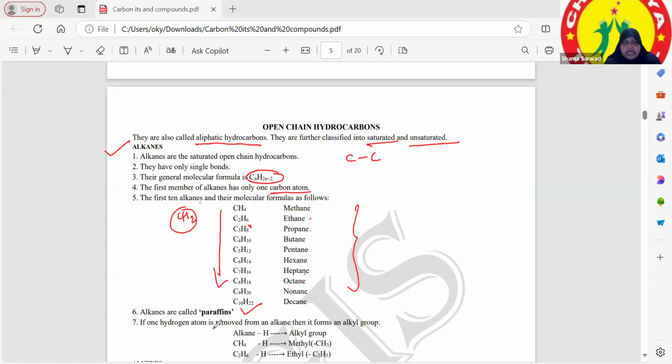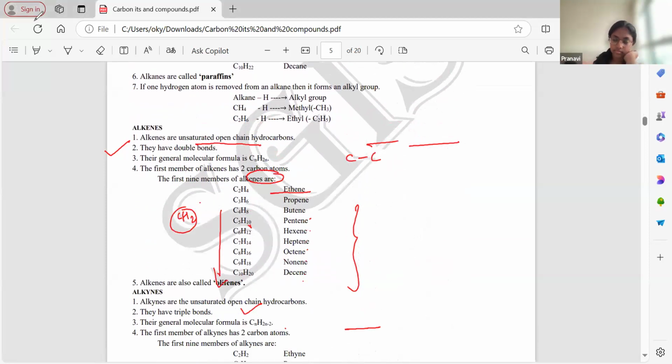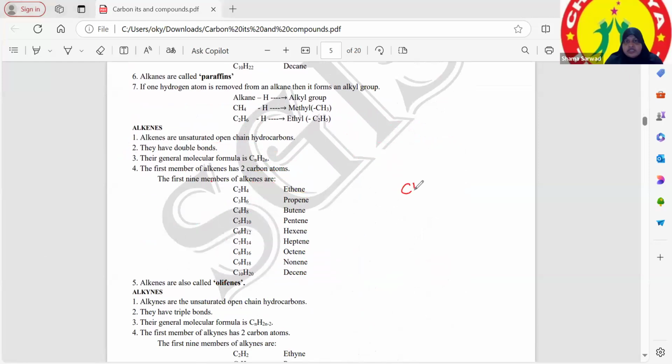Now, if one hydrogen atom is removed from the alkane, then it forms alkyl group. What does it form? Alkyl. Yesterday I showed you CH4 is methane, and if you remove one hydrogen from it, what happens?